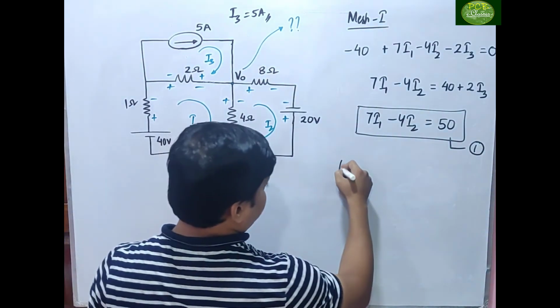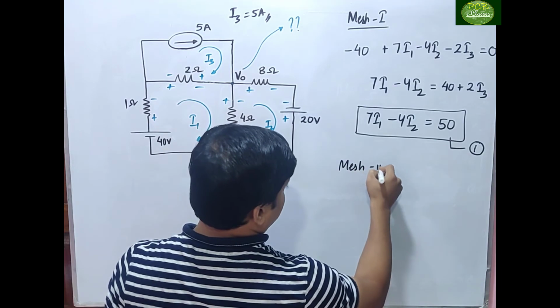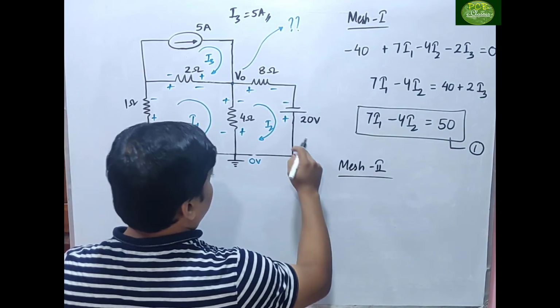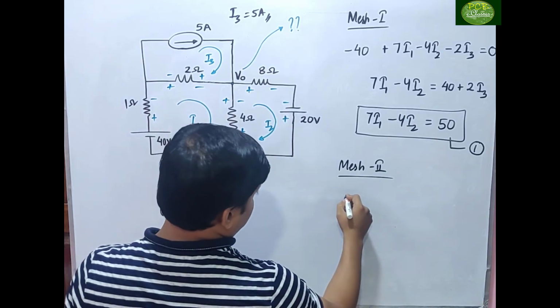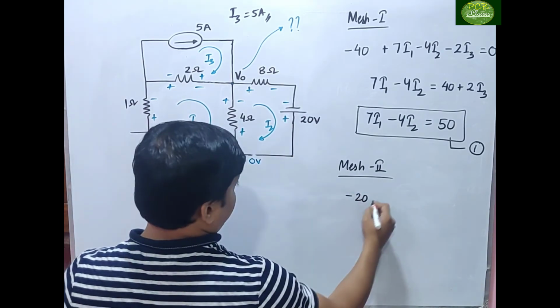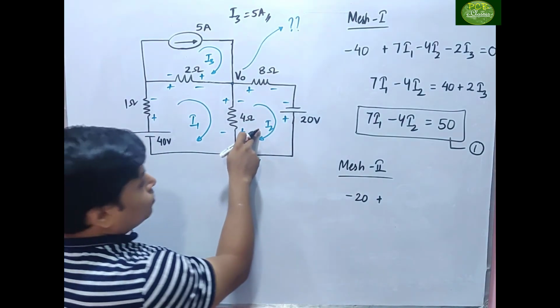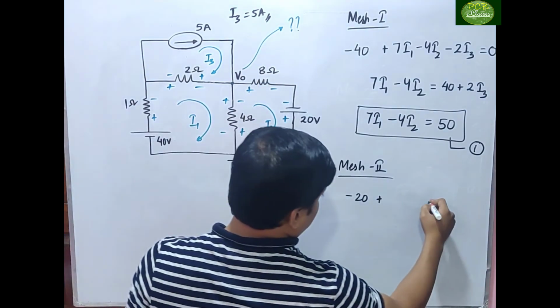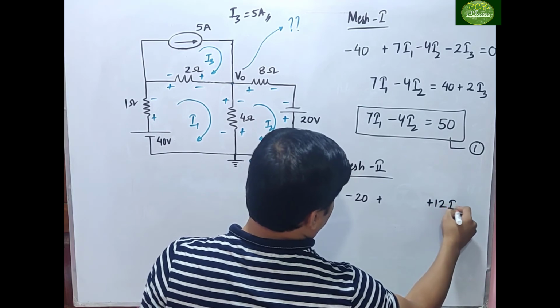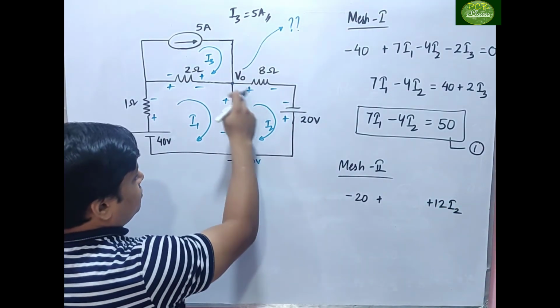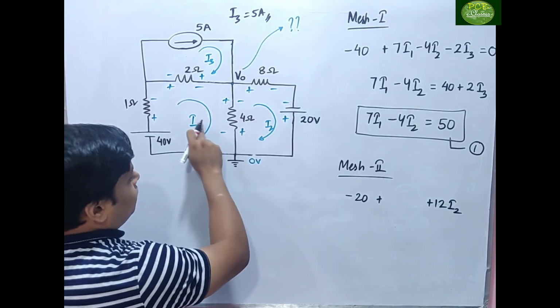Let us write down for mesh 2. What is the KVL equation? Entering minus 20. Next 4 and 8, which is dominant? I2. So we will write 4 plus 8, 12, so it is plus 12 I2. Right? Next, here 4 ohm, in which two currents are flowing, I1 and I2.